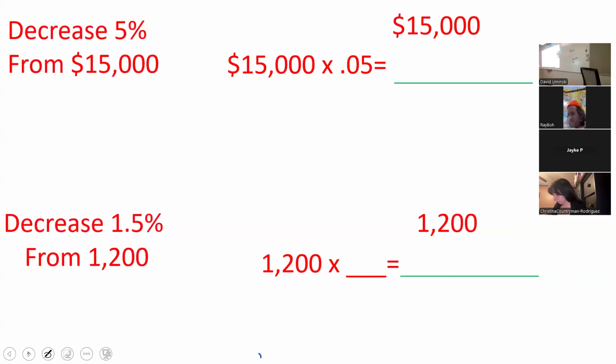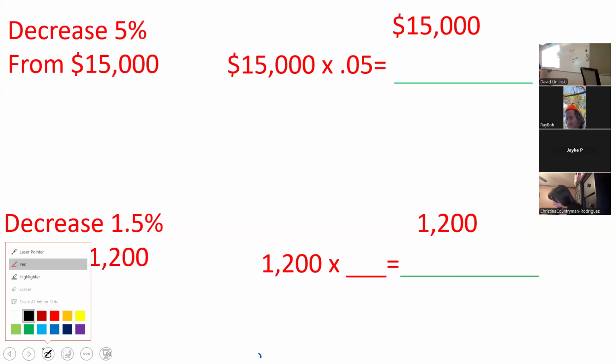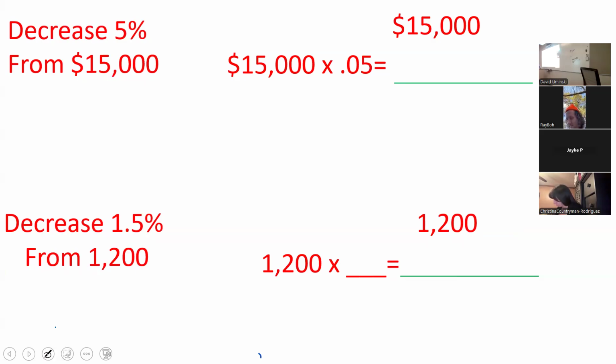Okay? Remember, the first step is still the same. So 15,000 times 0.05 is what? What is 5% of 15,000? 750.